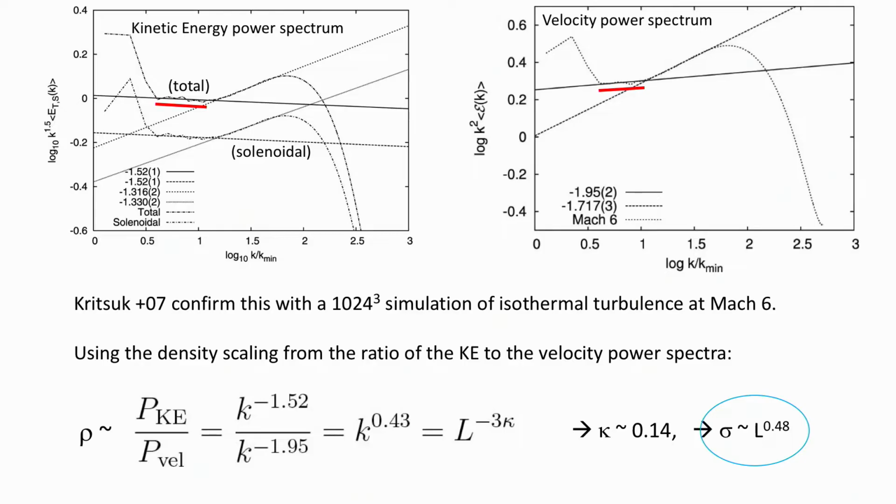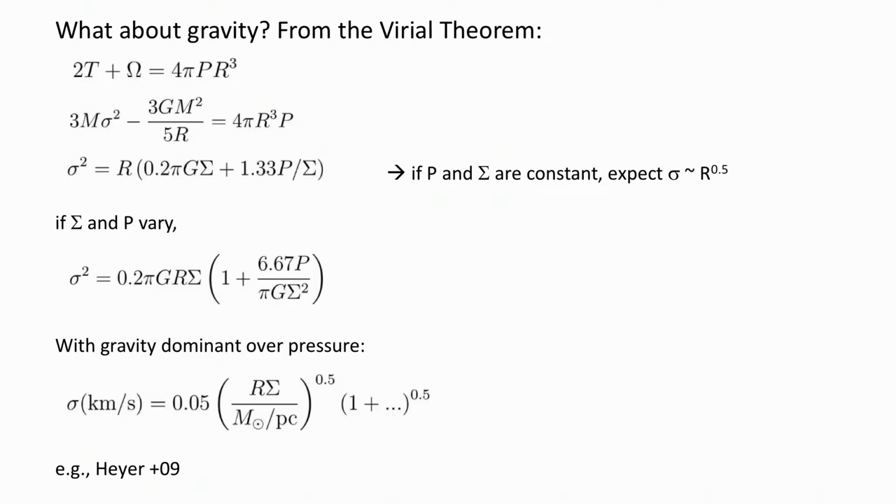But what about gravity? If we just start with the virial theorem, twice the kinetic plus the potential is the boundary condition, pressure times radius cubed. I rewrite that here. I solve for the velocity dispersion squared here.